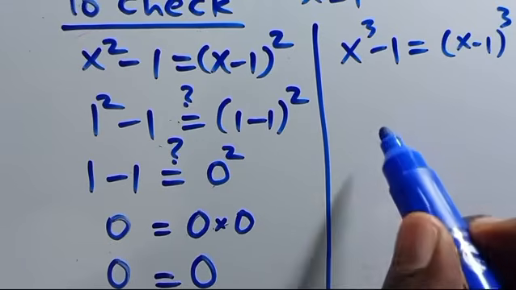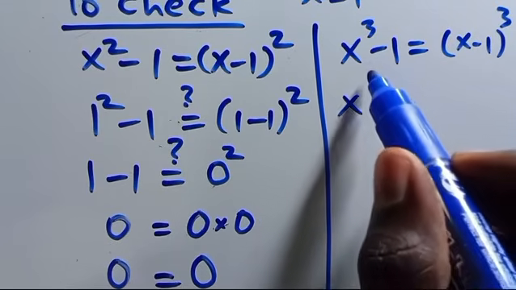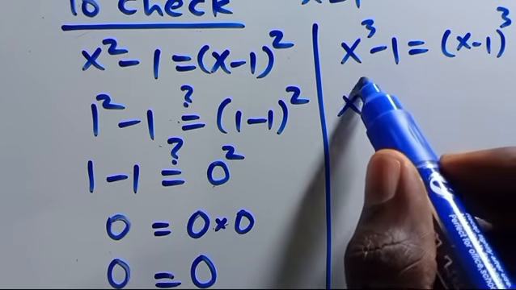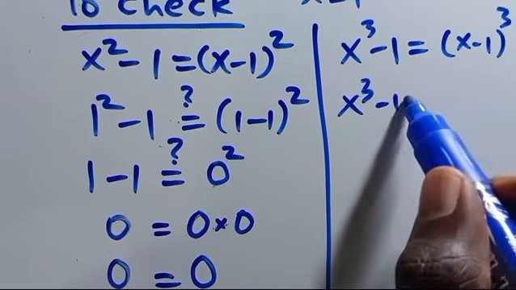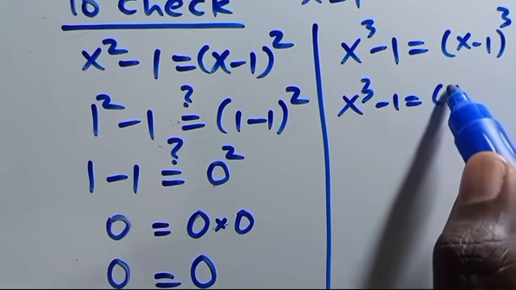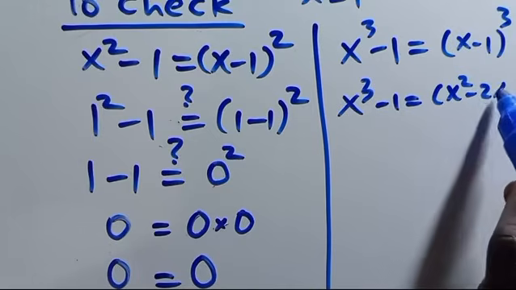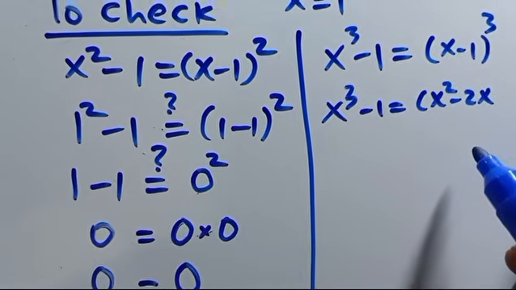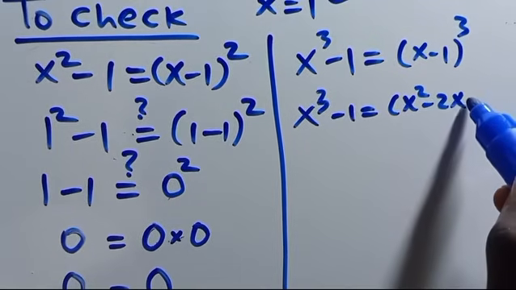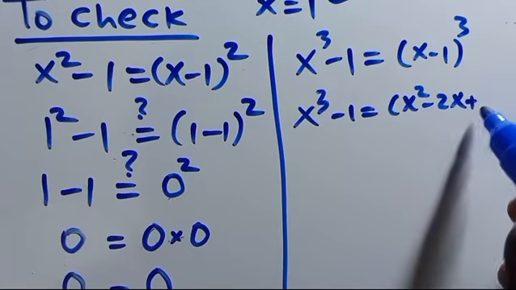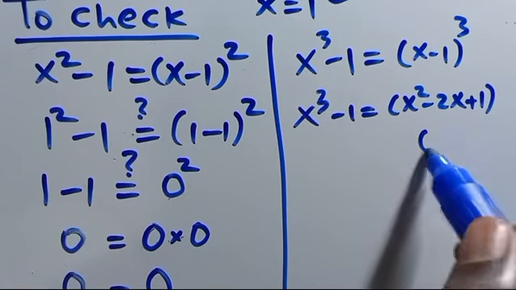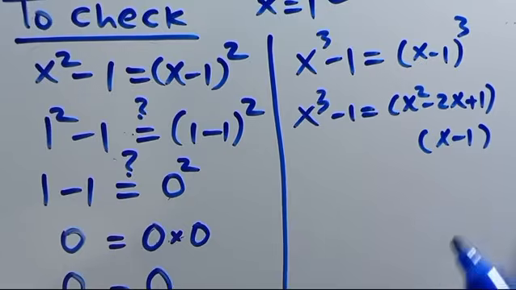That is, we are going to have x to the power of 3 minus 1. The expansion of this will be (x squared minus 2x plus 1) times (x minus 1).